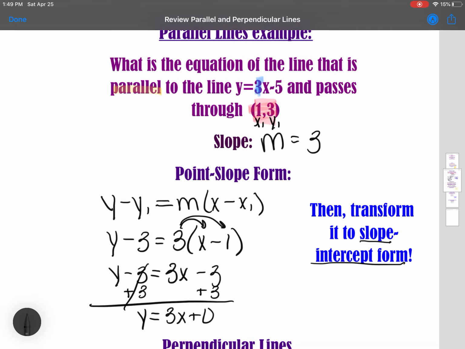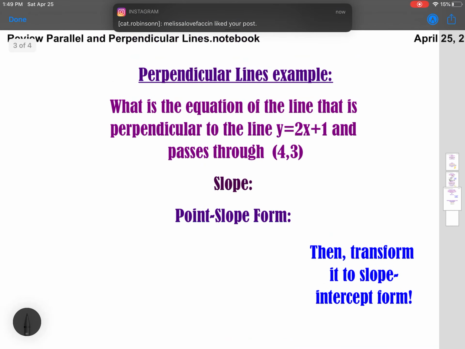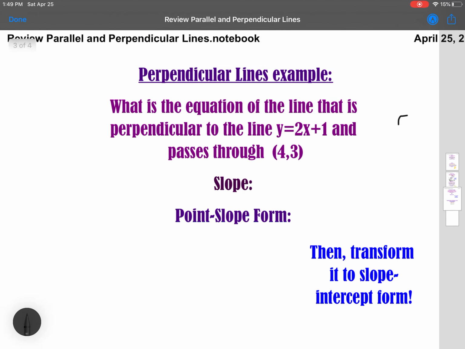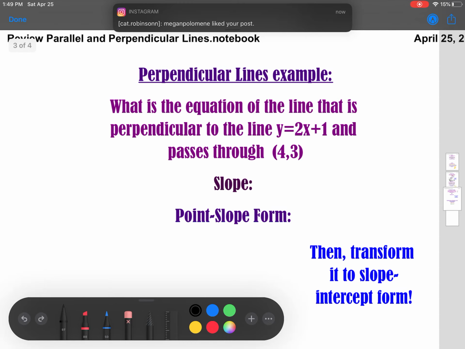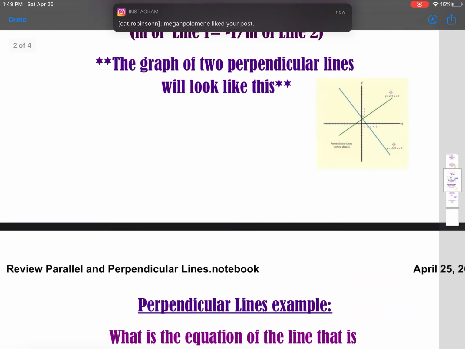Negative 3 plus 3 is 0, so 3x plus 0, or y equals 3x. Okay? So nice and simple. We just want to take the same exact slope, plug it in down here, and then solve for our slope-intercept form. All right?